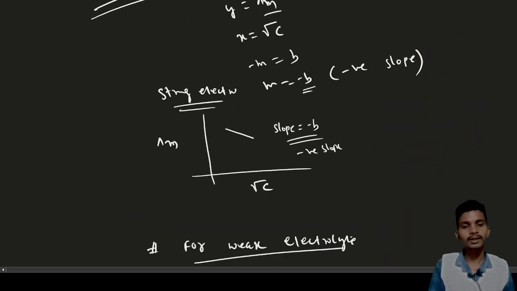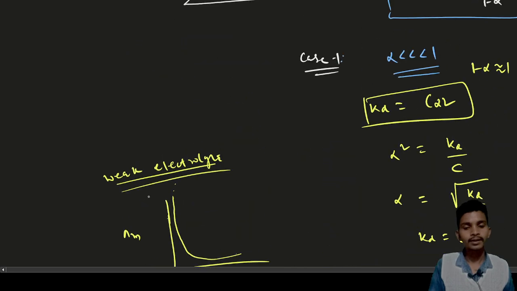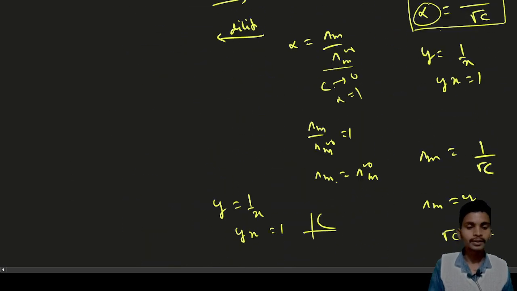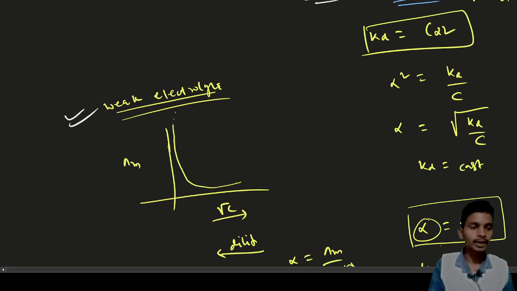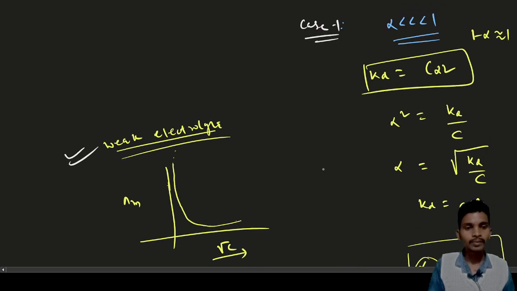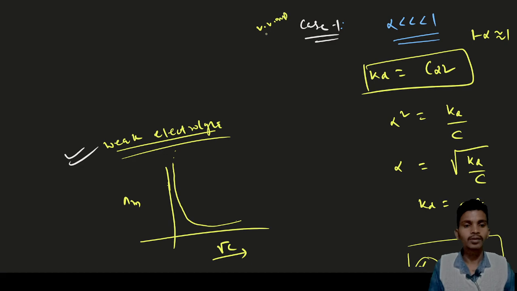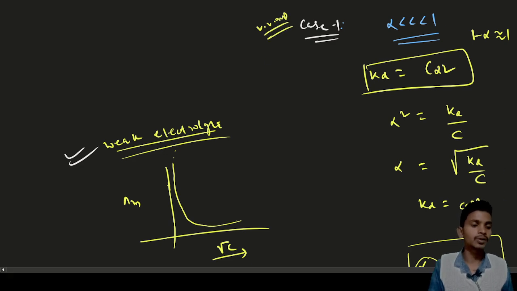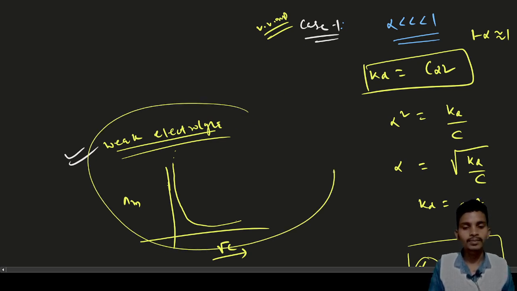so we understand that for weak electrolytes the graph will be this, and at 99% the alpha is a very small value and it is negligible. So the main case is case 1, which is important, and case 2 is not so important, because in most cases alpha is very small. So this graph is important.